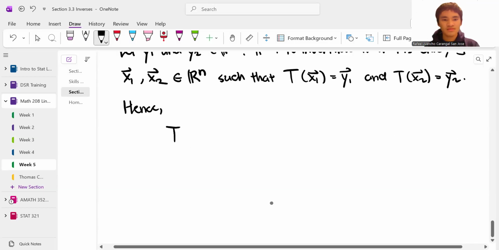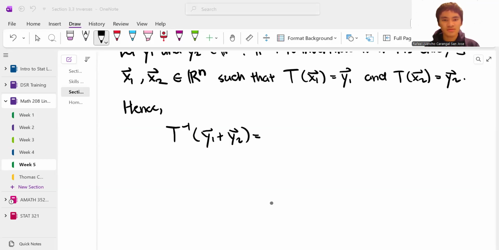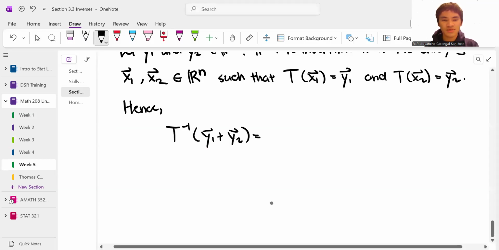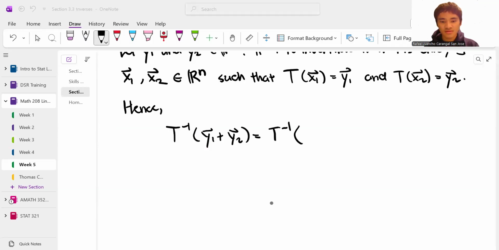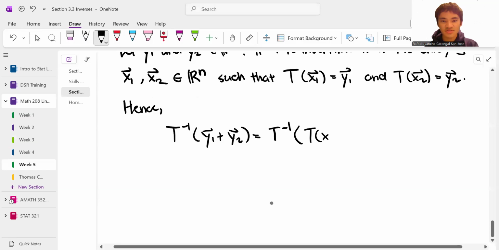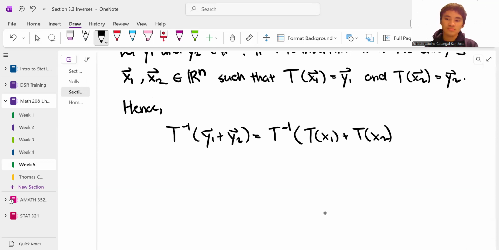We say that T inverse of y sub 1 plus y sub 2 is going to be equal to, okay, this one's going to be a little bit tricky, the inverse of the sum of the linear transformations of these guys. When we sum these two, this is the same thing as y sub 1 plus y sub 2, right?